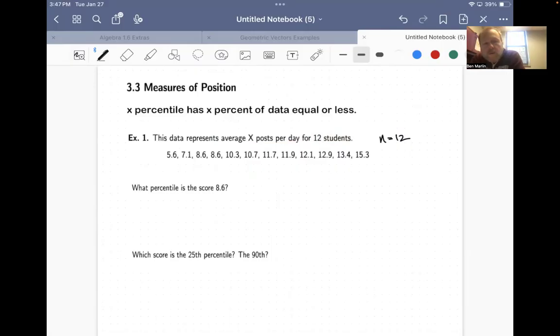And then it says, what percentile is the score 8.6? So you're going to look in here and say that 8.6 appears in 2 positions, and we're going to think about it being the second position, because since this is talking about the amount of data that can be the same or less, then we always have to think about the later position of it, okay?